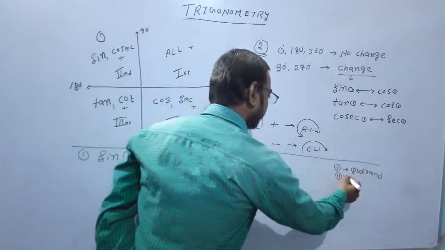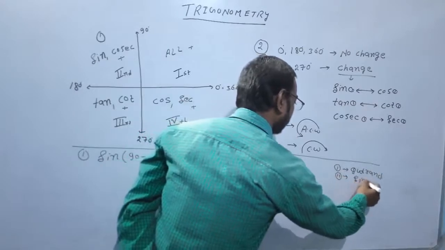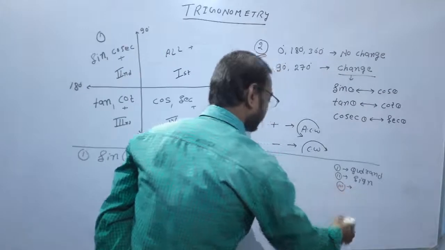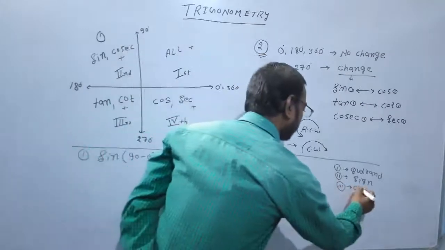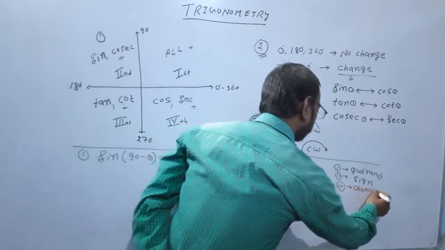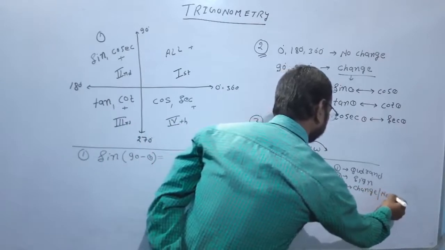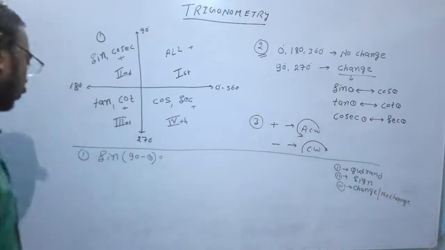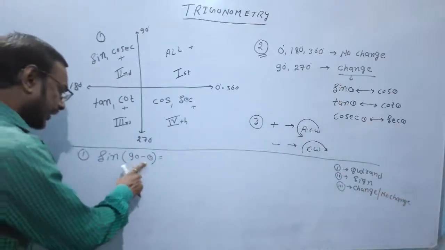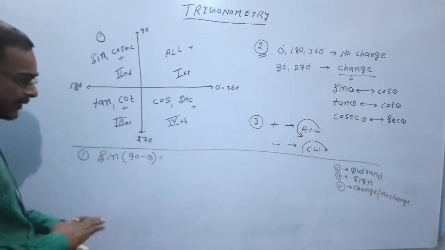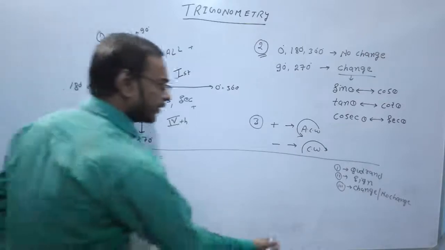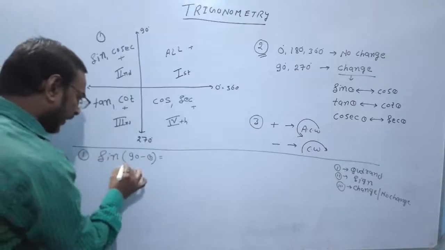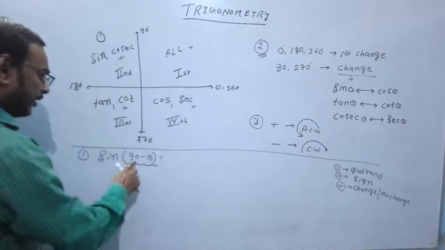Next, we must decide the sign, and third is change or no change. These three things we must decide. So if we talk about sine 90 minus theta, what is the process? The process is, first we have to decide the quadrant, that means in which quadrant 90 minus theta lies.